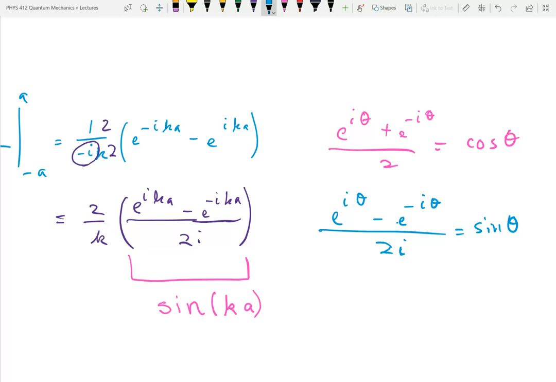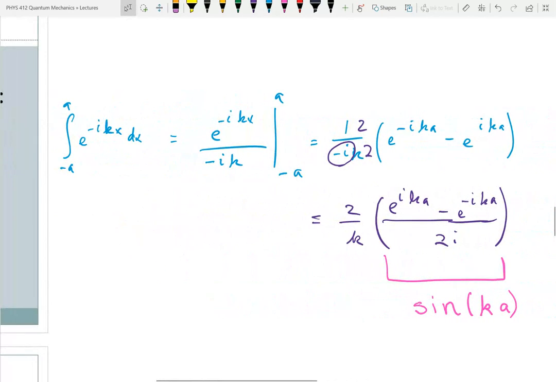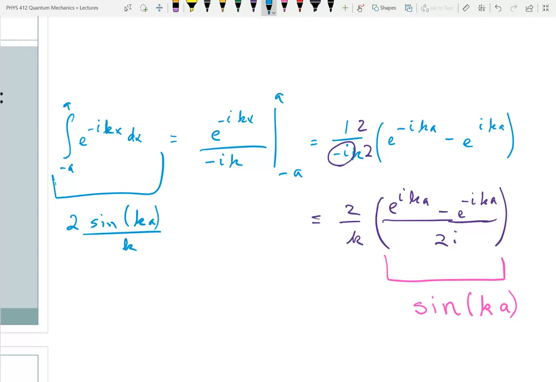Those are another way of writing the Euler relation, e to the i theta. It all comes from the same basic thing. So what we have now is this integral part is equal to 2 sine of ka over k.